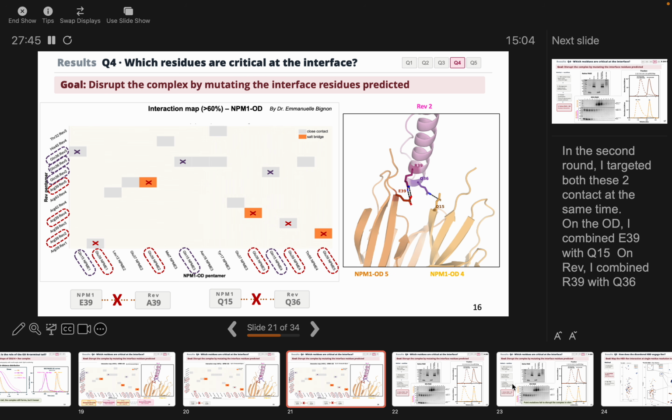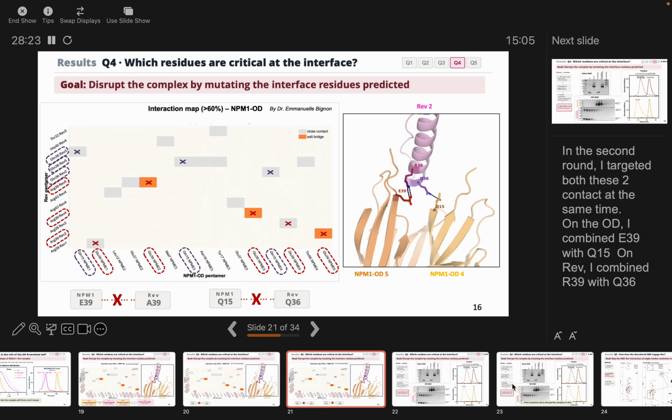And then, as it was, I didn't show the result, but as it was not sufficient to break the interaction, we add a second set of experiment involving the Q15 and the glutamate 36, and we see that these interactions are at the 2 opposite sides of rev, and I will show you just the combination of all.